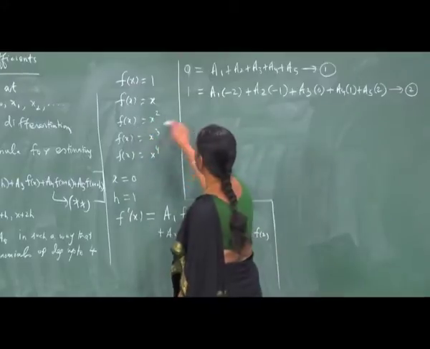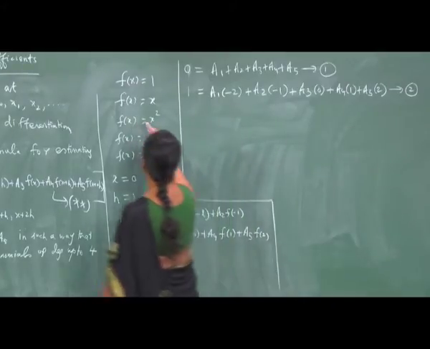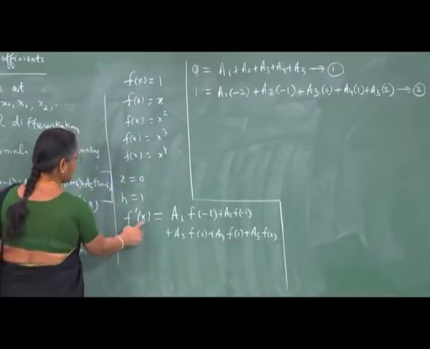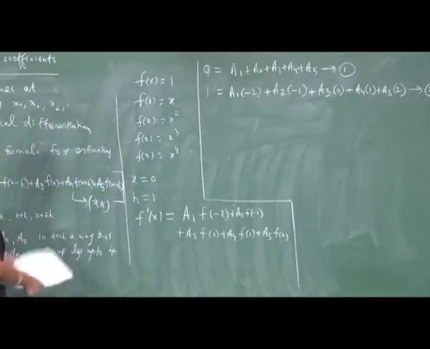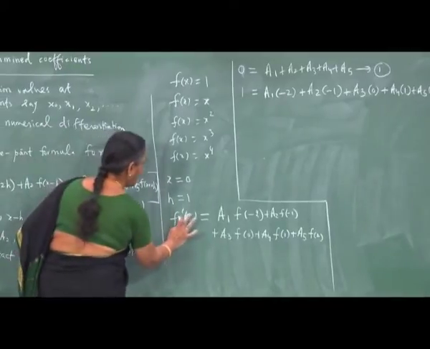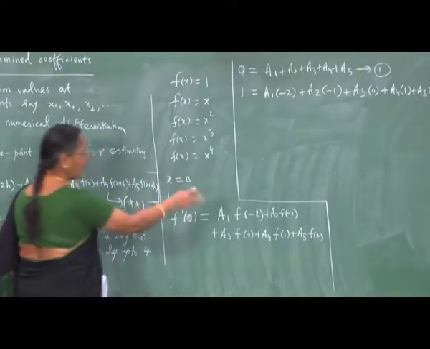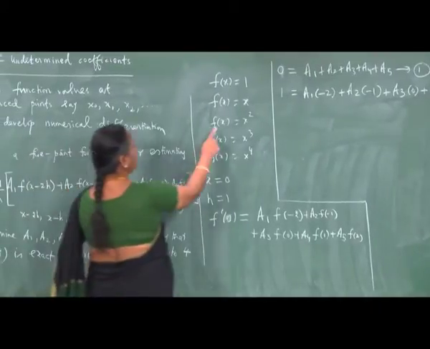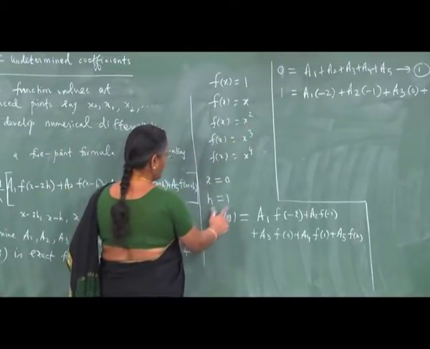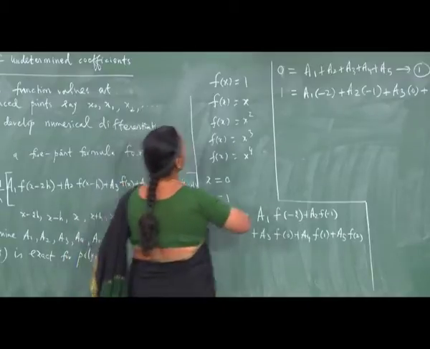When f of x is x square, f prime x is what? We have taken x to be 0. So, f prime evaluated at 0 is given by the right hand side. So, when f of x is x square, f prime is 2x evaluated at 0.